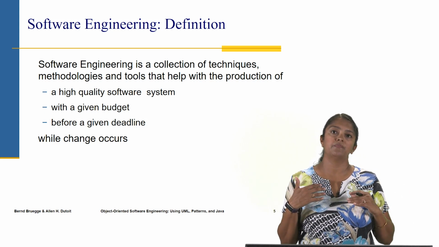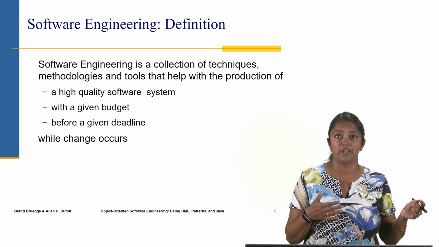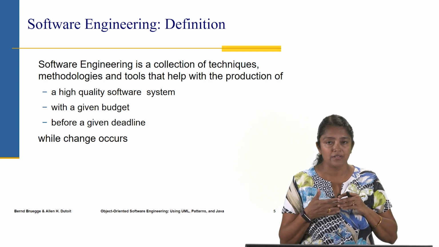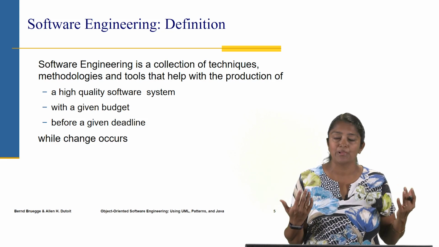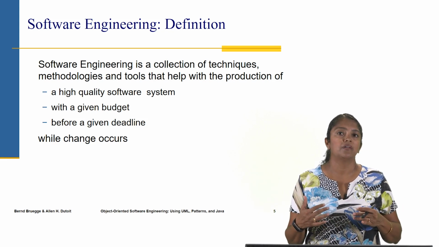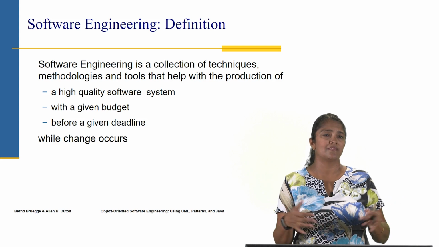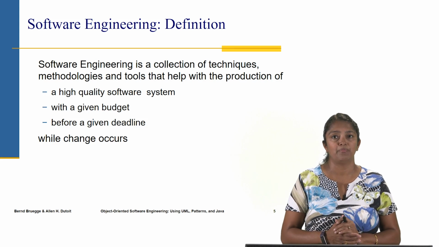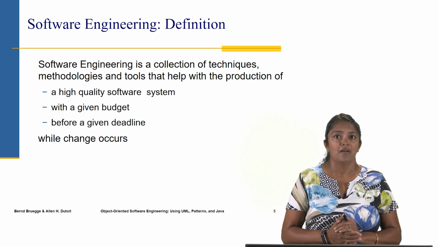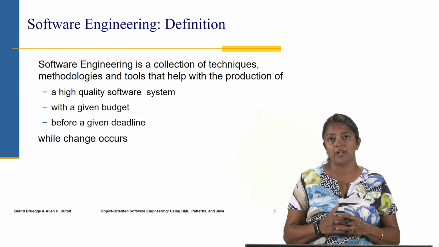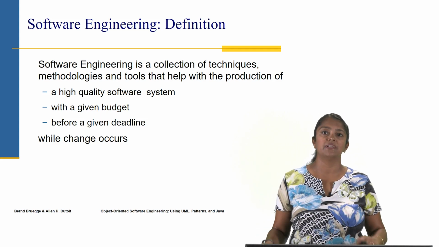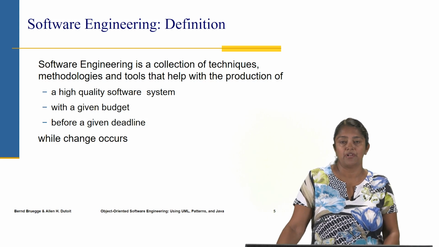As you know, the software world is a fast changing world where requirements change pretty quickly, technologies change pretty quickly, there are new platforms, new technologies, and it's very easy to change requirements. So our goal is to produce software while change is occurring, ensuring that it's high quality within the given budget and within the given time frame.